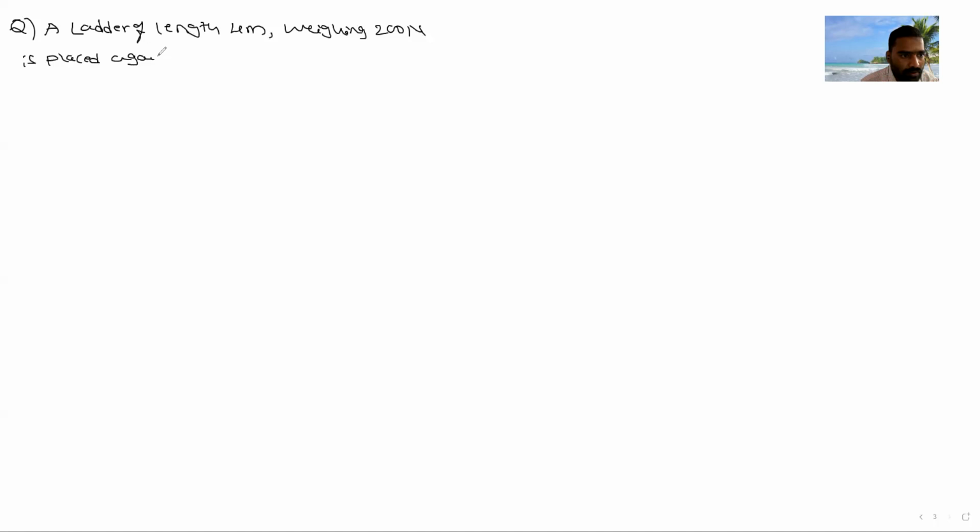A ladder of length 4 meter, weighing 200 Newton, is placed against a vertical wall as shown in figure.